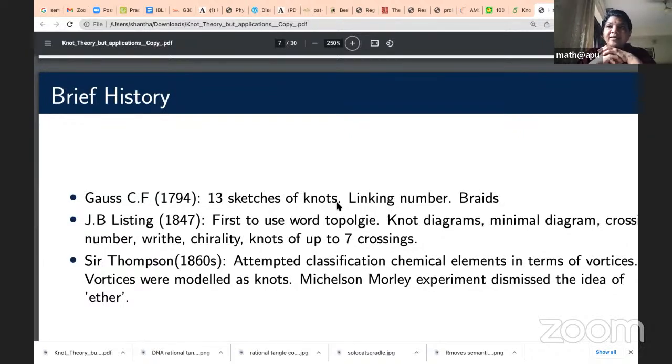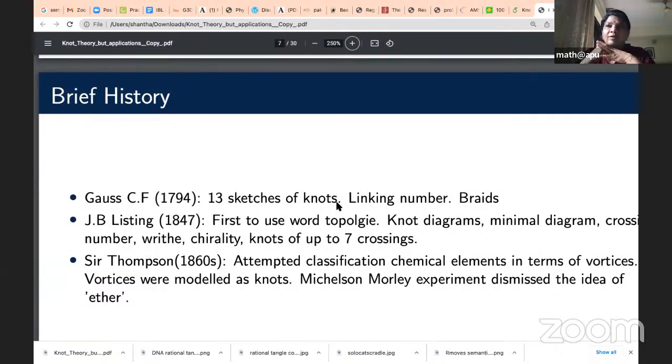And then the big push for knot theory came when there was a theory that all matter could be described through something called ether. Sir Thomson was thinking that all different kinds of materials, so sodium would have a different description in terms of vortices, and vortices are nothing but knots.